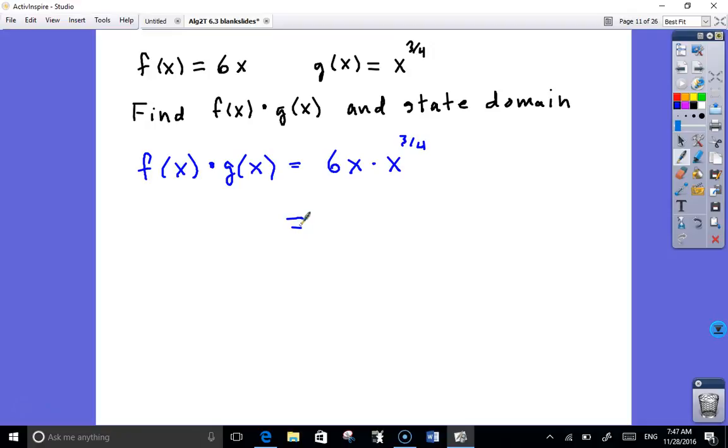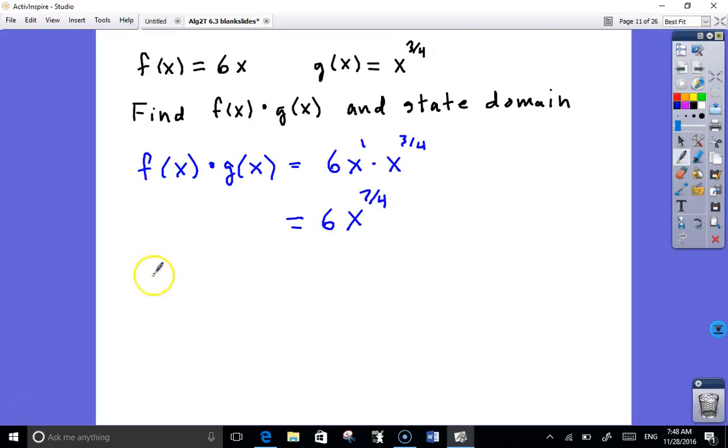What do you do with the exponents? You add them up, right? In this case, the exponent is 1, which is like 4/4. So this should be 6x to the 7/4.